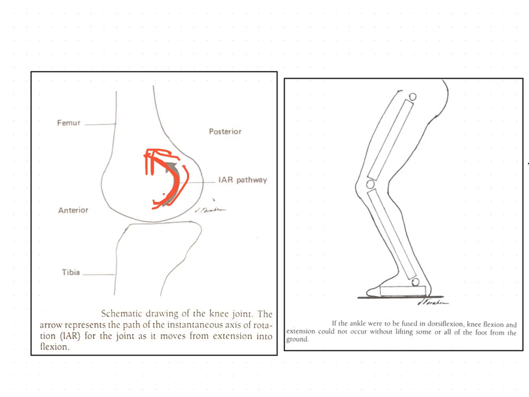That means the axis is not fixed for flexion and extension, but it is going to change to different points on the femoral condyles with increasing flexion. That means here the axis is going to shift on the femoral condyles.